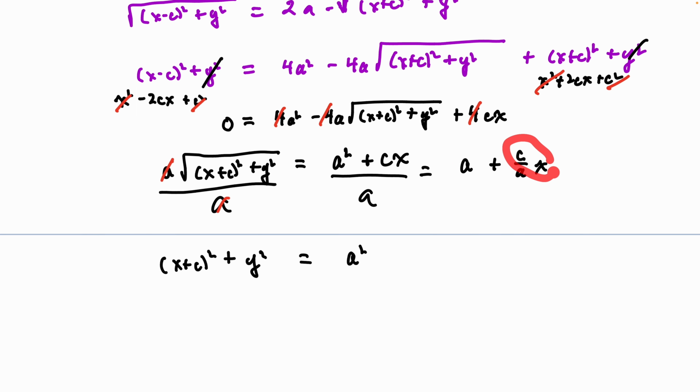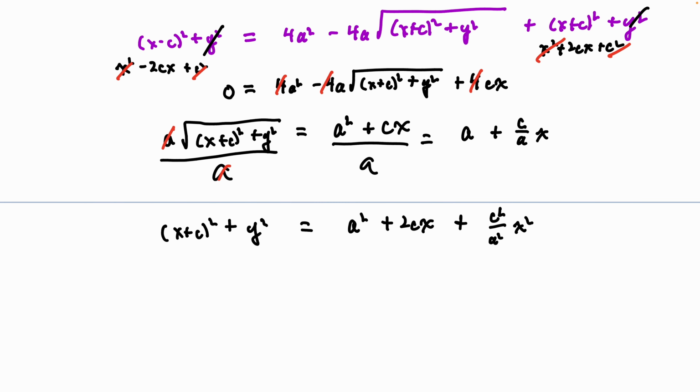So we'll get twice cx. And then c over a times itself is c squared over a squared on x times x. Again, expand out on the left-hand side to get x squared plus 2cx plus c squared. And then observe that you have 2cx appearing on both sides.